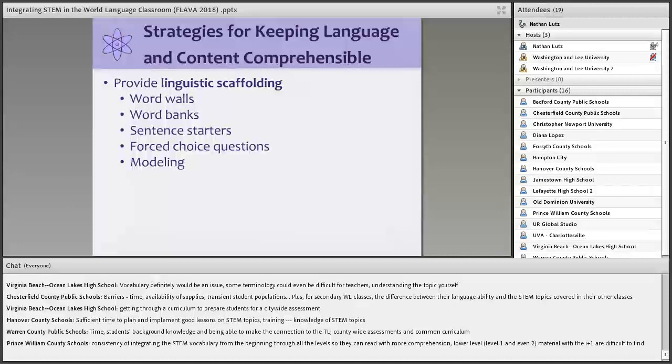Or another thing we can do is to provide sentence starters or sentence stems, which are fragments of sentences that perhaps start off one way and then we leave an ellipsis so that they are able to fill in the rest based on whatever the prompt is. Or forced choice questions, which are a favorite of mine with my novice level learners, no matter what age they are.